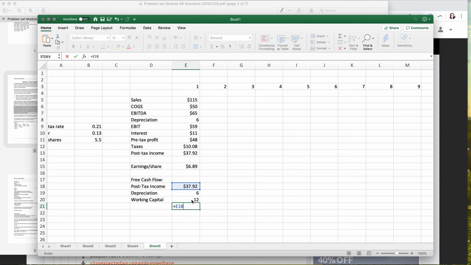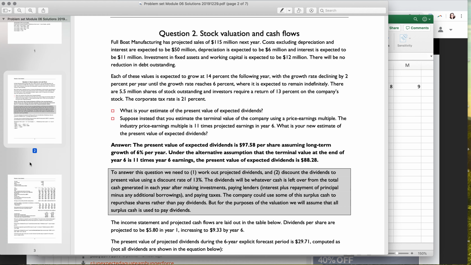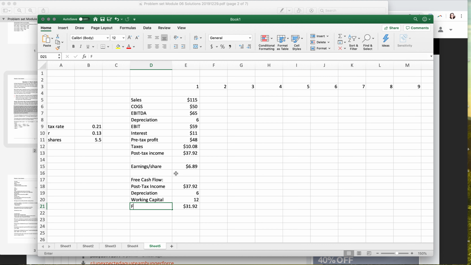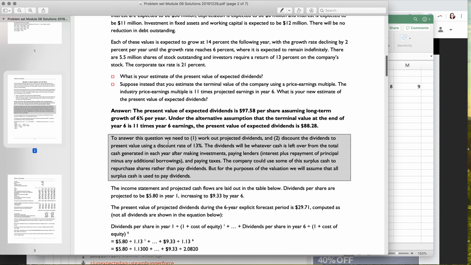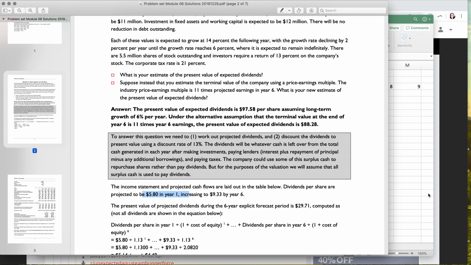Oops, plus depreciation minus working capital. And this will give us our free cash flow. And then we will be able to pay dividends on that. Dividends per share is going to be 31 divided by 5.5. Make sure you lock that, and we get 5.80, which is what we have for our solution.